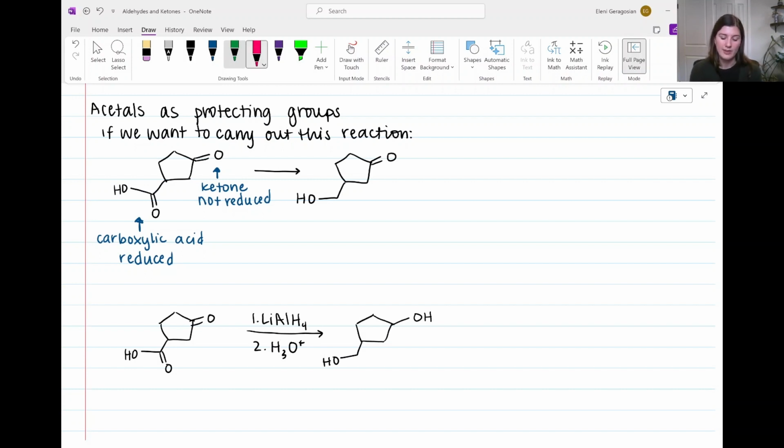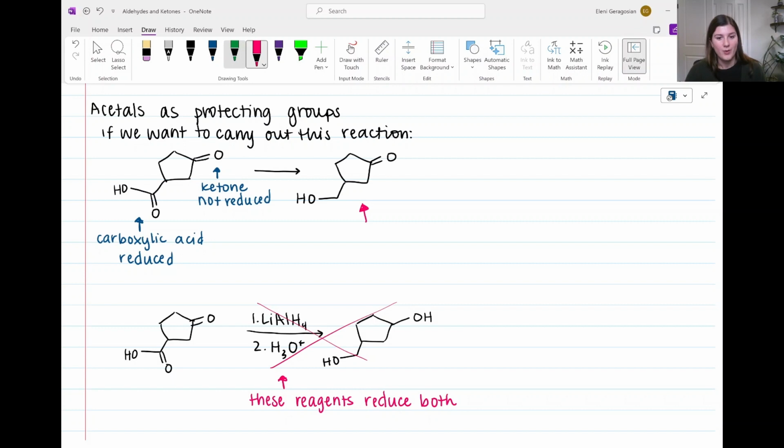So this directly is not sufficient to achieve the goal of the reaction, which was a molecule that has both a ketone and an alcohol, where we've reduced the carboxylic acid but not the ketone. These reagents reduce both the ketone and the carboxylic acid.